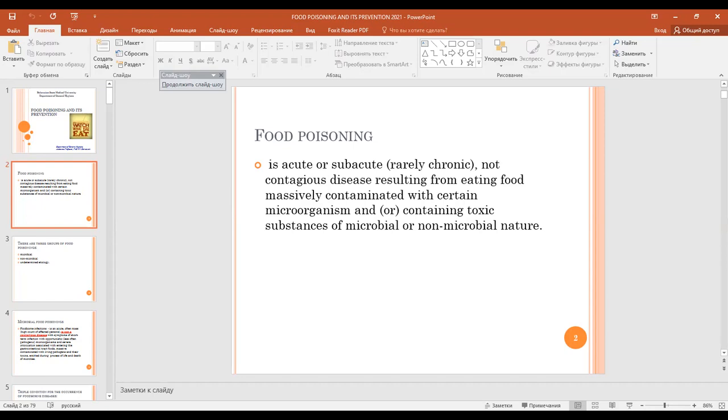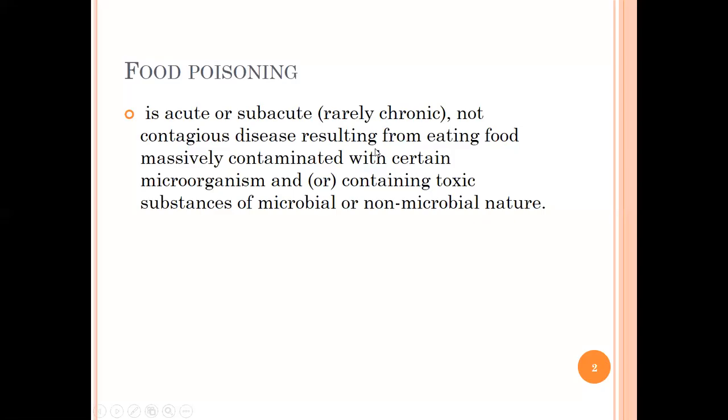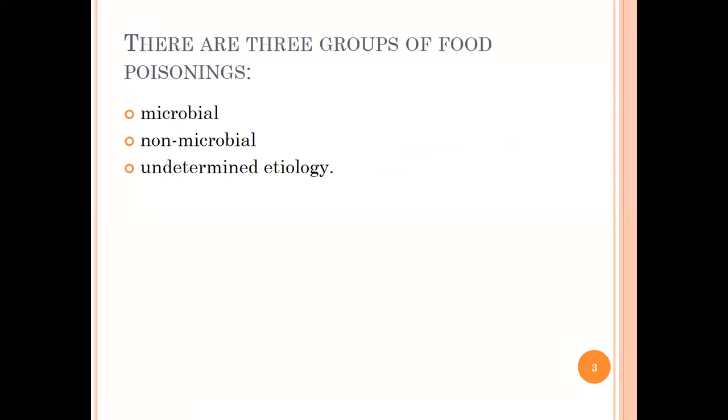So it can be of bacterial or non-bacterial origin and unspecified etiology. And we should consider bacterial or microbial food poisoning, non-bacterial or non-microbial food poisoning, and sometimes unknown etiology food poisoning occurs.